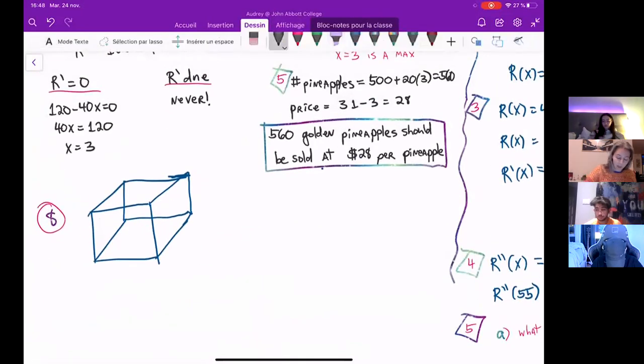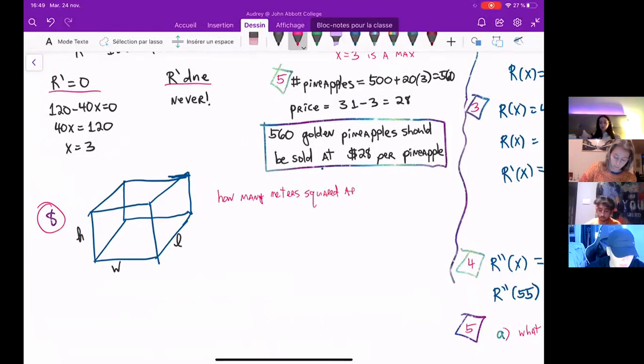I'm just going to say that this is the height, we'll call this the width, and we'll call this the length right here. Okay, so how many meters squared are there in the base, in terms of that W and L that I have right there?